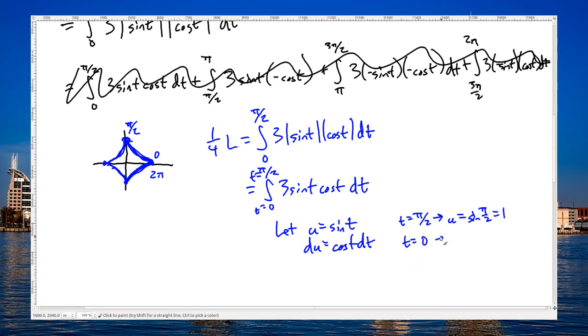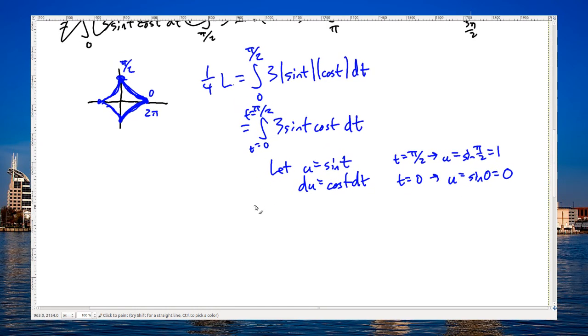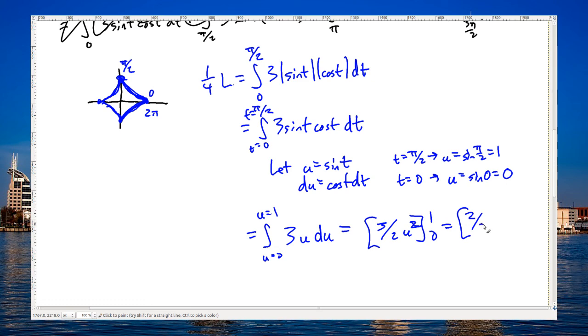If t is equal to 0, my u is sine of 0, which is 0. So I'm getting u is 0 to 1, 3u, and cosine of t dt becomes du. All right, so that's 3/2 u squared from 0 to 1. So that's 3/2 minus 0 is 3/2.